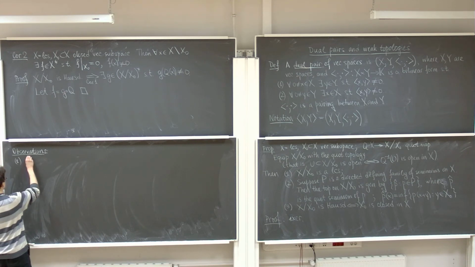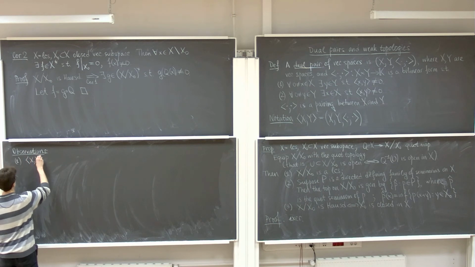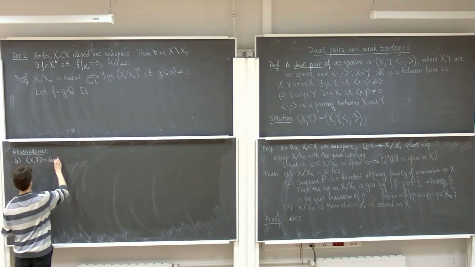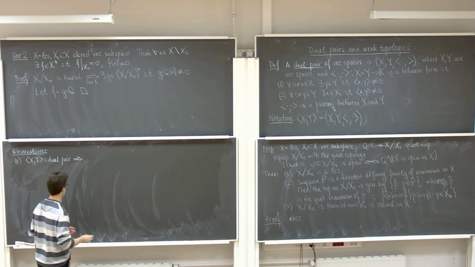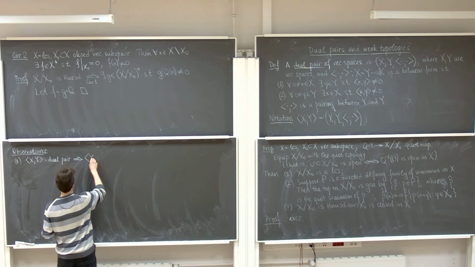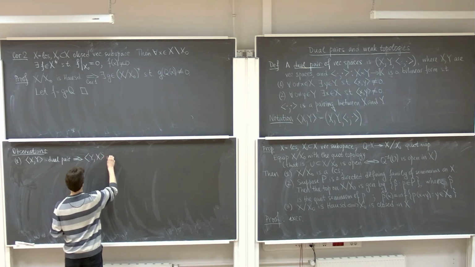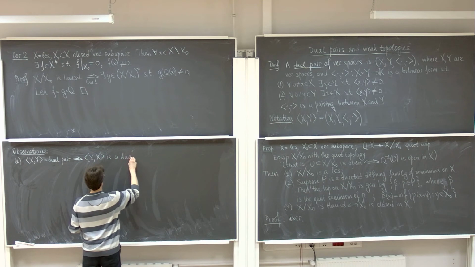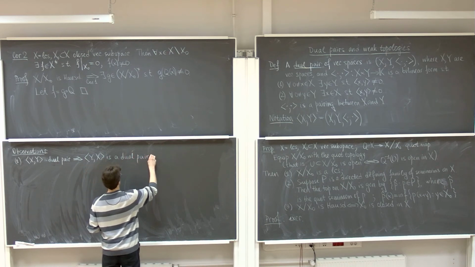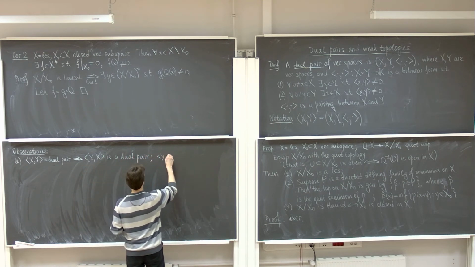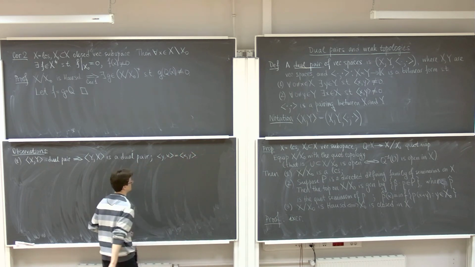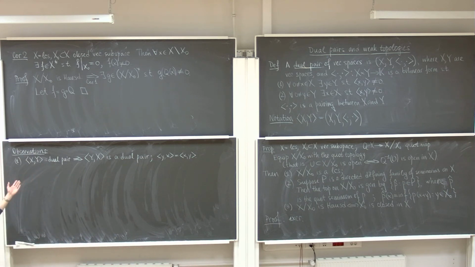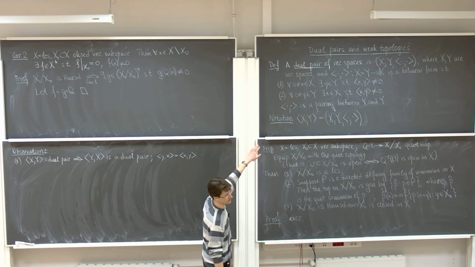Namely, if we have a dual pair, x and y, then we can interchange y and x, and y and x also form a dual pair. So the pairing between y and x is given by the same formula. This trivially follows from the definition, because the definition is symmetric in x and y.